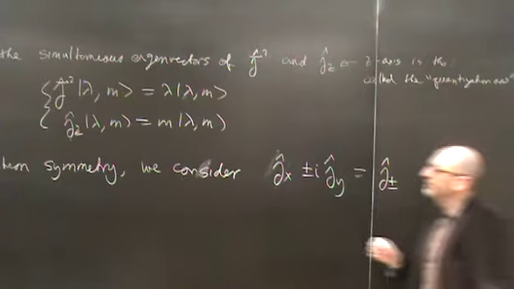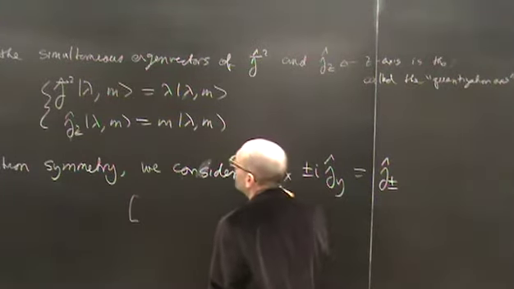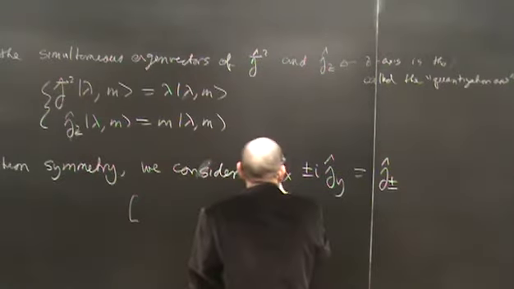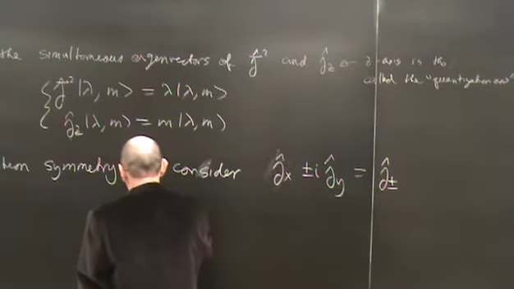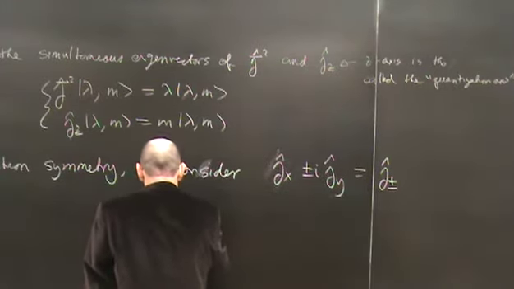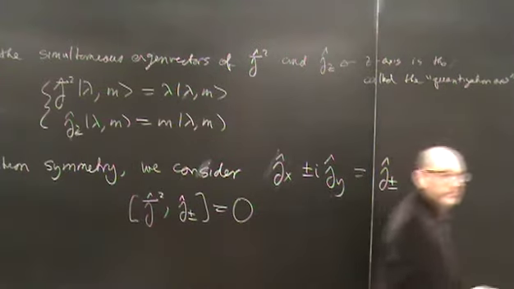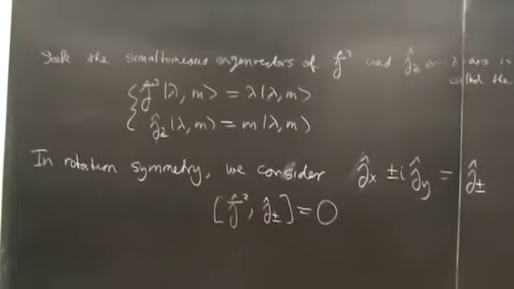Of course, j plus and minus also, because any component commutes with j squared, a linear combination of components commutes with j squared. So that's true, because x commutes with it, and y commutes with it. J sub x and j sub y.